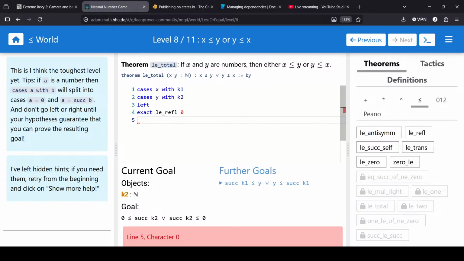I don't know. Why would I want succ K2? Okay, well I know that it can't be right, because succ K2 can never be less than or equal to 0. So I know it has to be the left one that is possible.